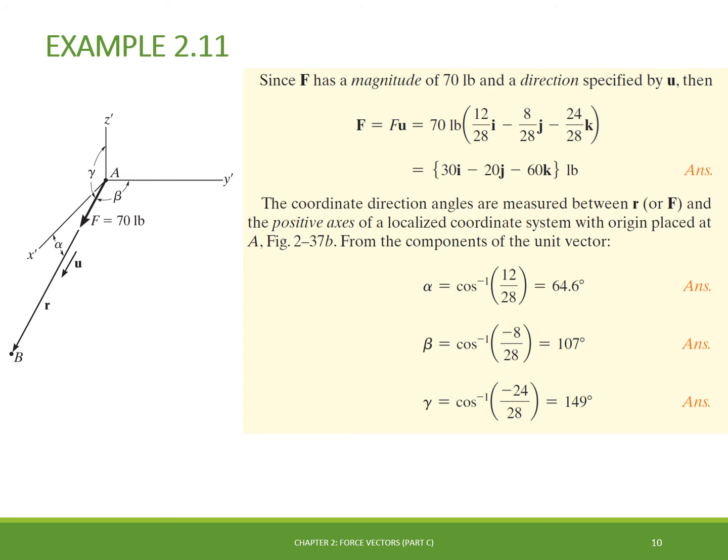With this information, we calculate the three angles using the formula presented in the last video, taking the arc cosine of each component of the unit vector u, and we get the final answers for the second part of the problem.